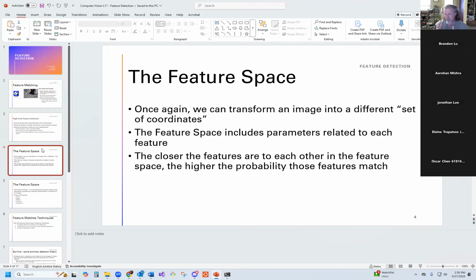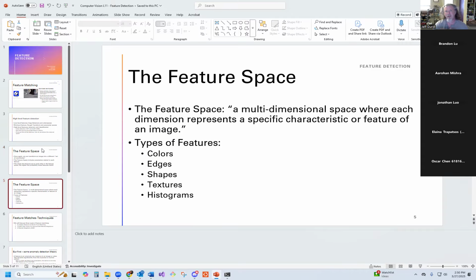So if you think of 3D points, you group all the points around your feature, and everything that is within some distance in the feature space, you're going to extract, and everything outside that distance of the feature space, you're going to throw out.